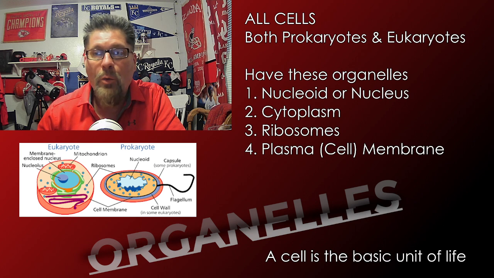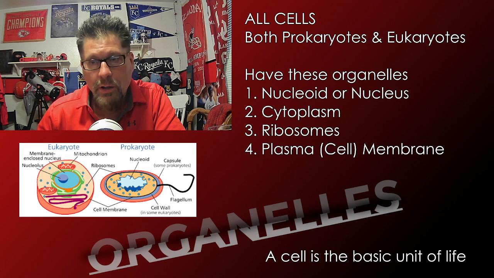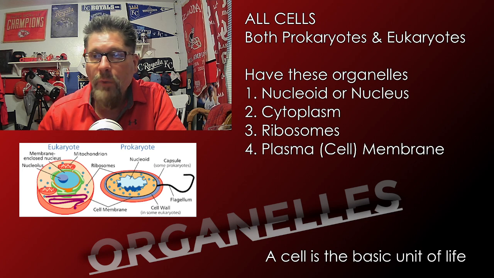But one thing we do want to establish is that there are some things that all cells, prokaryotic and eukaryotic, have. And those four you can see listed there beside me. They either have a nucleoid or a nucleus, meaning something that contains the chromosomes. They all have cytoplasm.